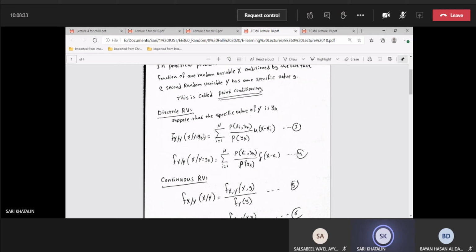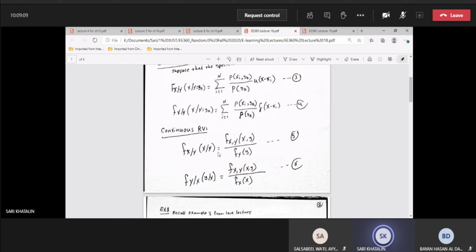So for discrete random variables, the conditional CDF of X given Y, where Y has a specific value y_k, is given in this expression 3, and the PDF, obviously after you take the first derivative, you will end up with equation 4.